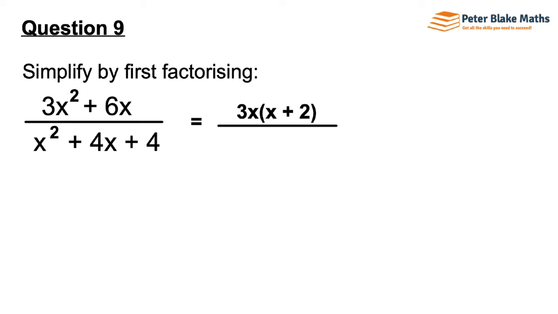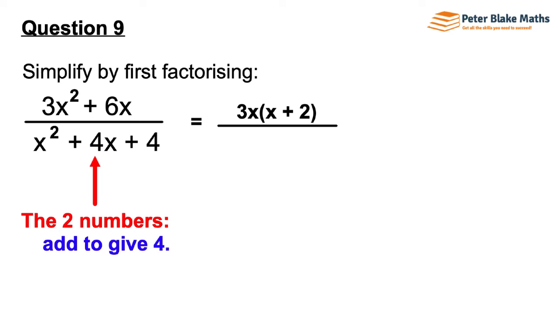Now the bottom is a quadratic, and so one method is a PSF type situation here. I don't know whether you do it this way. There's a cross method as well and a number of other methods in the world, but this is how I think of it. The two numbers I'm looking for to fill in some brackets later need to add up to give 4, and at the same time they need to multiply to give 4.